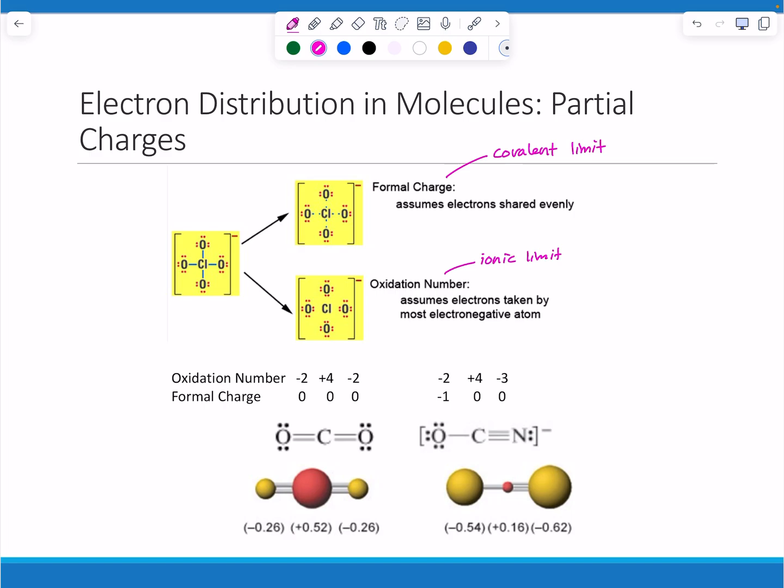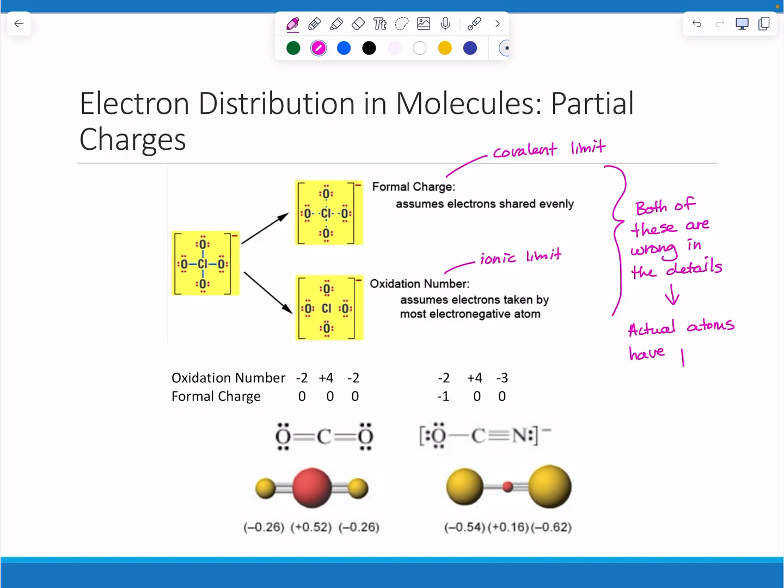Atoms actually have partial charges. We'll talk later about calculating oxidation numbers when we talk about redox reactions, but both of these are wrong in the details, because both of them give you an integer number. Actual atoms have what we call partial charges.